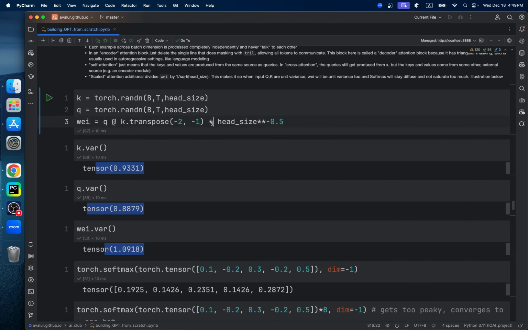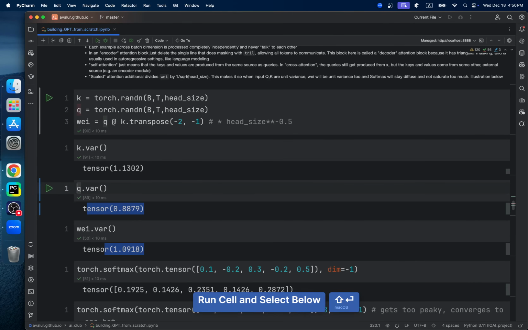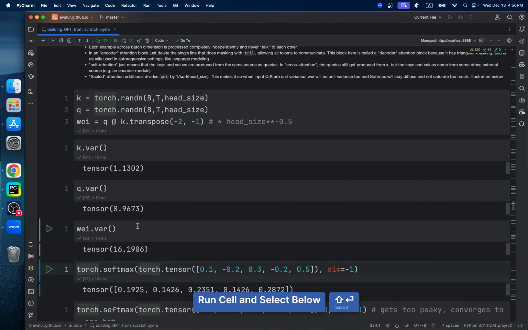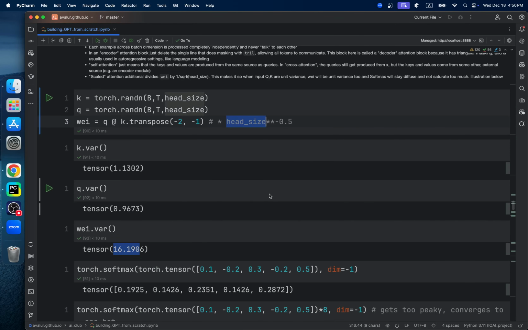And if we comment out this term, then the original variances are about 1, and the result here is 16. So much worse. So we want to preserve variance.